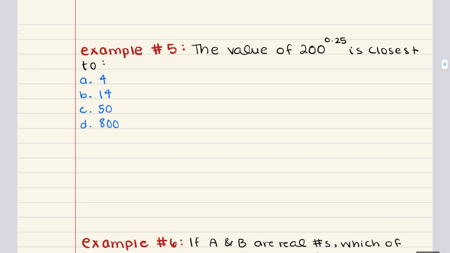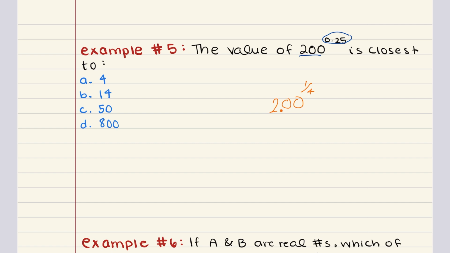Problem 5 says the value of 200 raised to 0.25 is closest to blank. The key here is recognizing that the exponent 0.25 is equivalent to taking the fourth root of 200, because 0.25 is equivalent to 1 over 4.